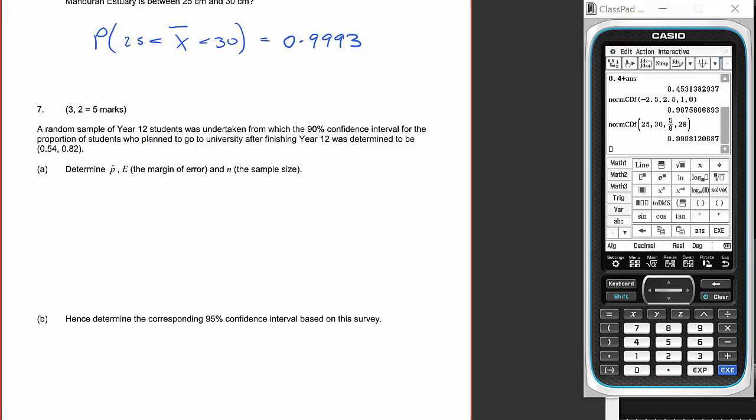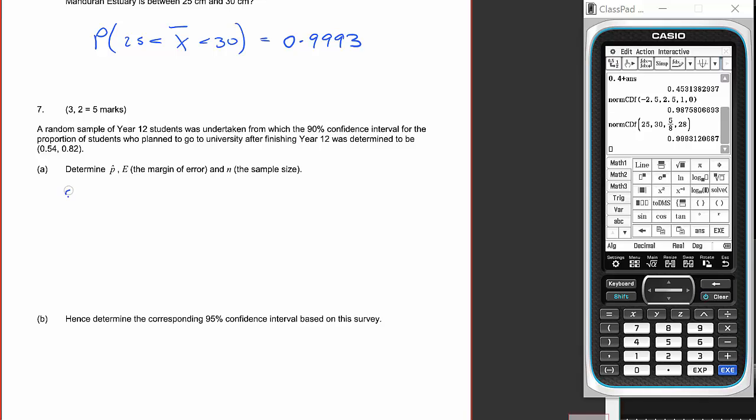A random sample of Year 12 students was undertaken for which the 90% confidence interval for the proportion of students who plan to go to university after finishing Year 12 was determined to be 0.54 to 0.82. We want to determine P hat, E and N. Well, P hat will be exactly in the middle.